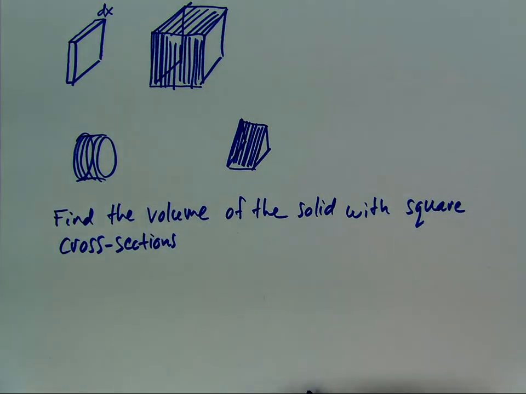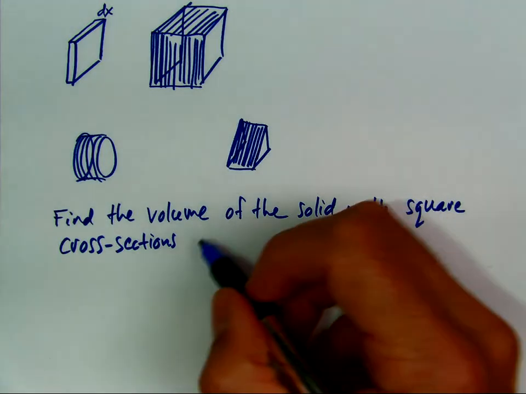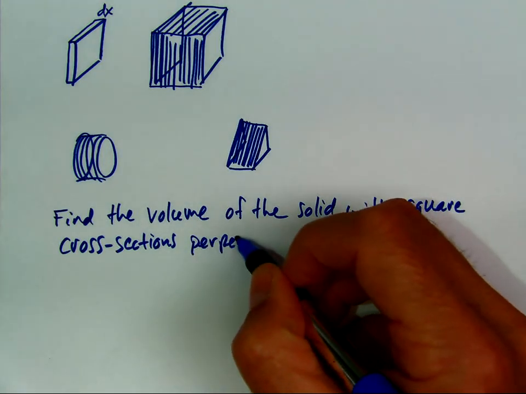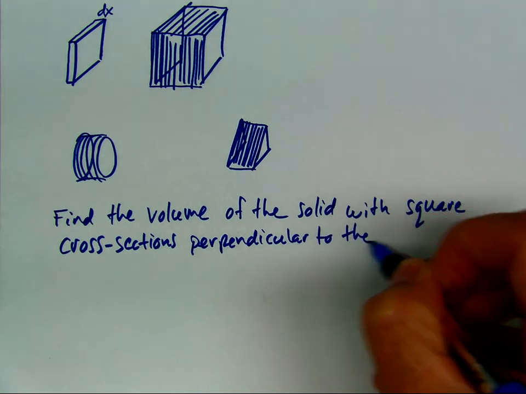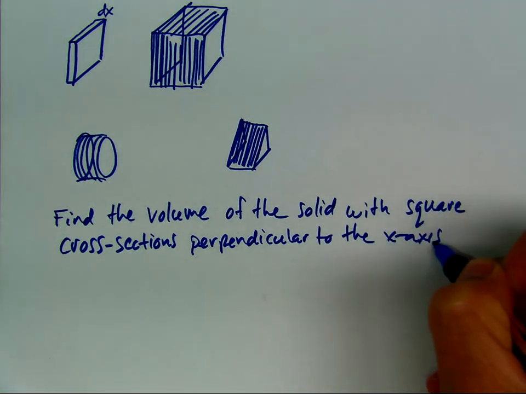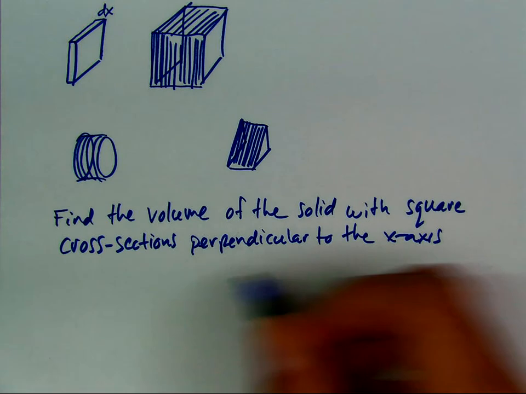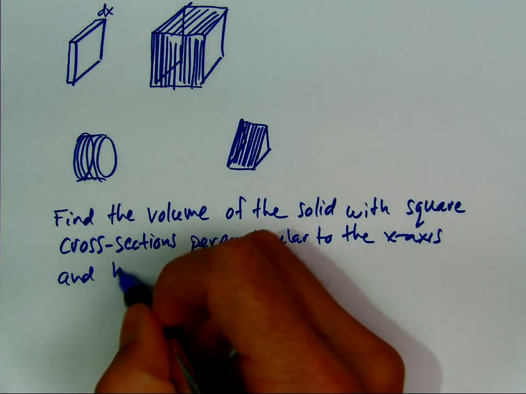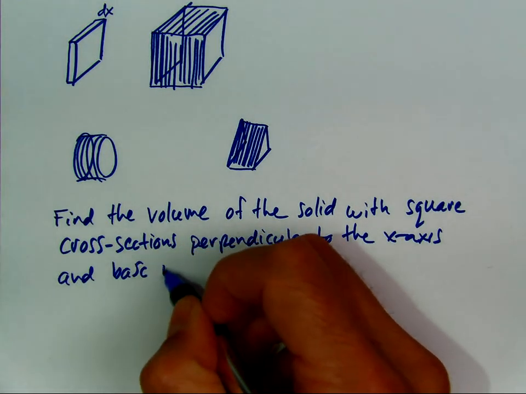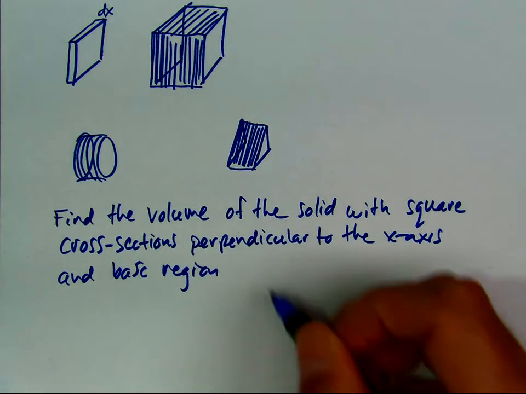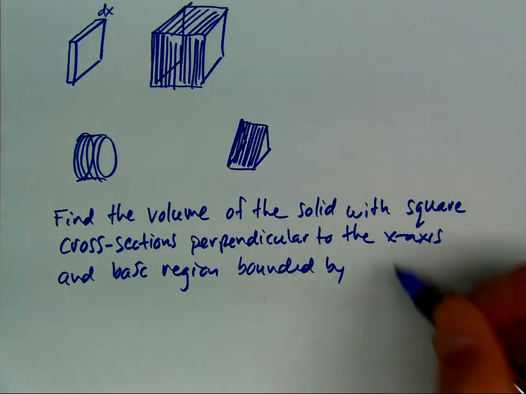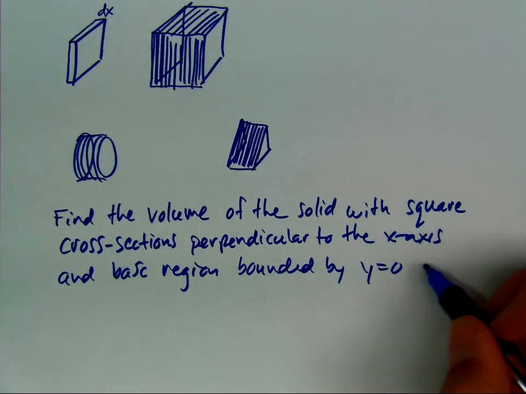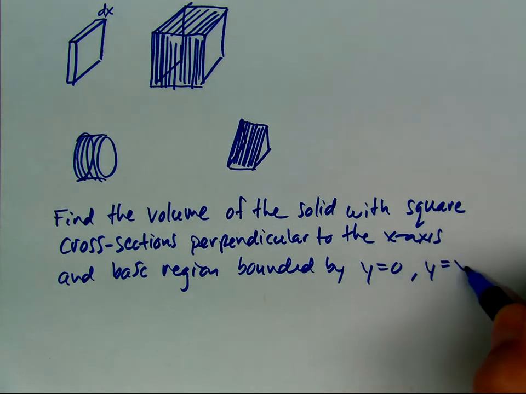Find the volume of the solid with square cross sections perpendicular to the x-axis and base region bounded by y equals 0 and y equals negative x squared plus 1.